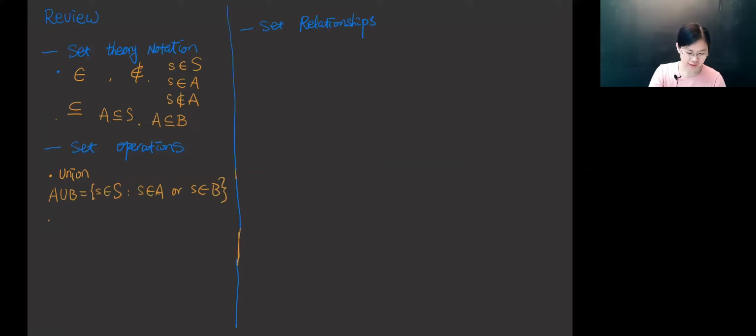The second set operation is intersection. The intersection of events A and B is the collection of outcomes that are both in A and in B. And the third operation is complement.